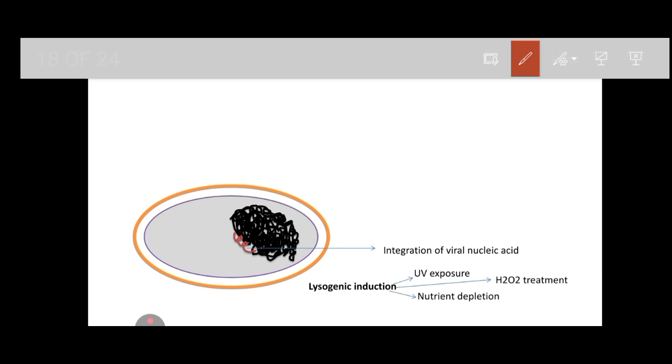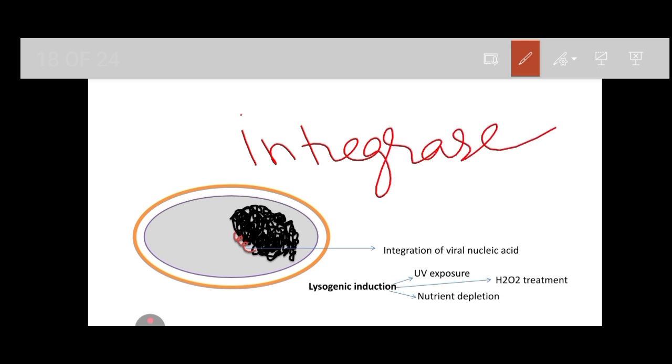The process of integration of viral nucleic acid into the host genome is mediated by the enzyme called integrase. Fine. And now the bacterial genome has a copy of viral nucleic acid in the integrated form. This is called a prophage.